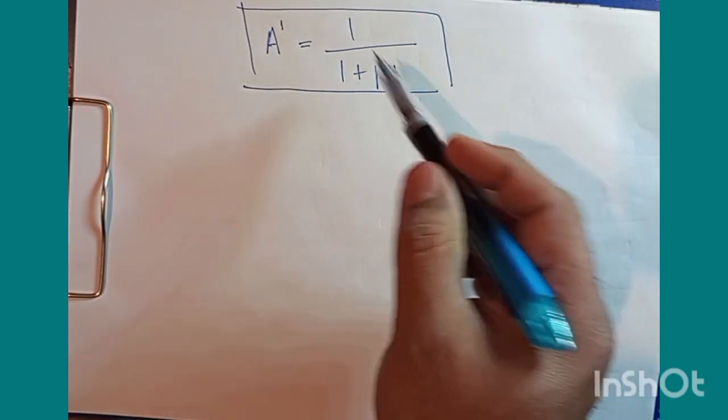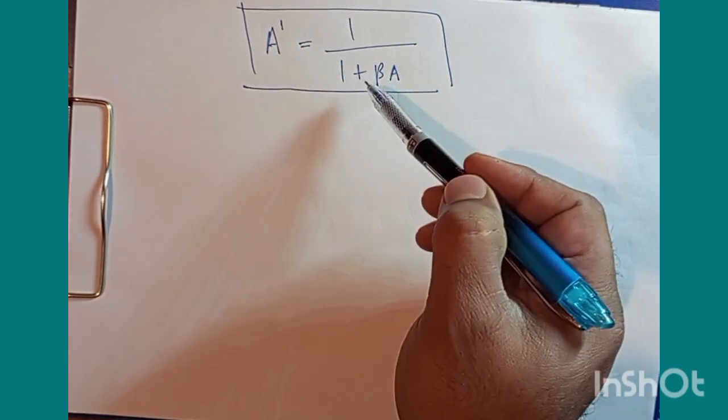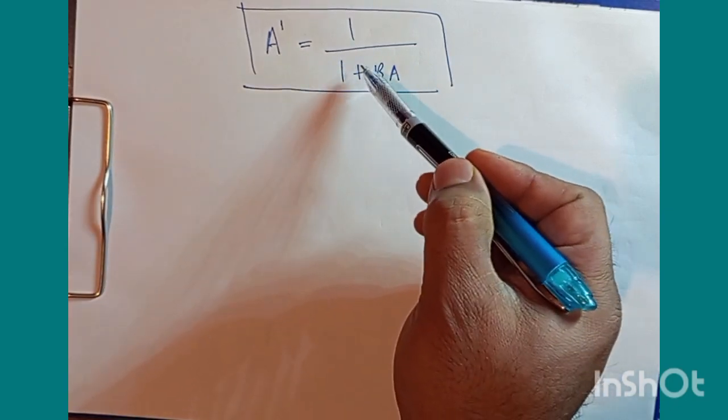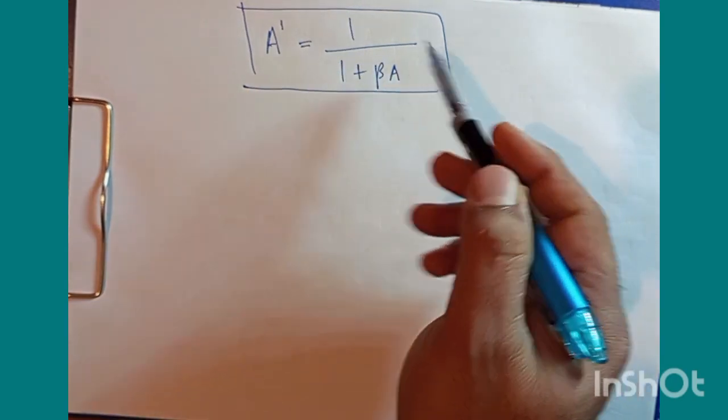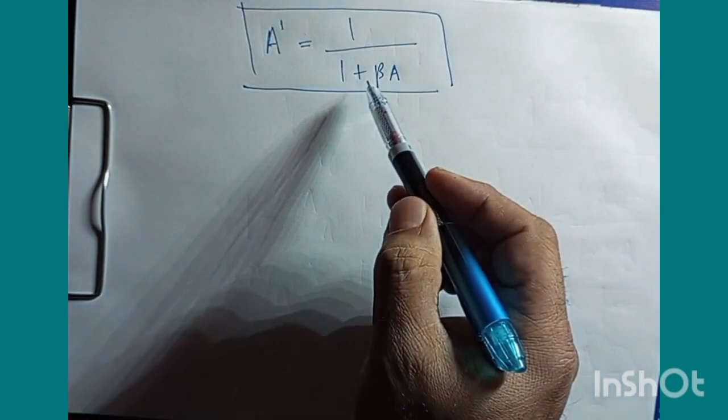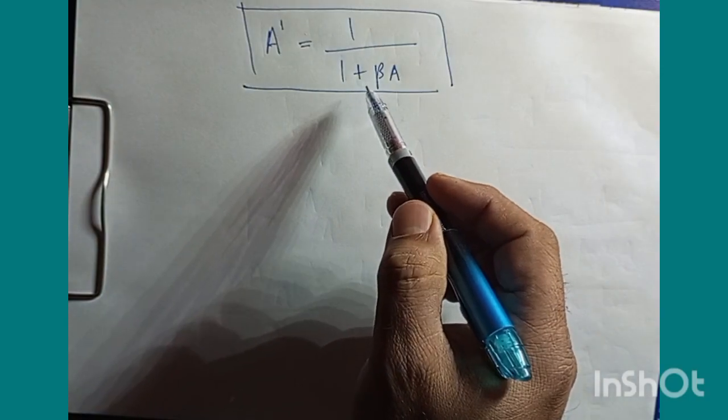We rightly remember, for positive feedback in the denominator we obtain a negative sign, and in case of negative feedback we obtain the positive sign.